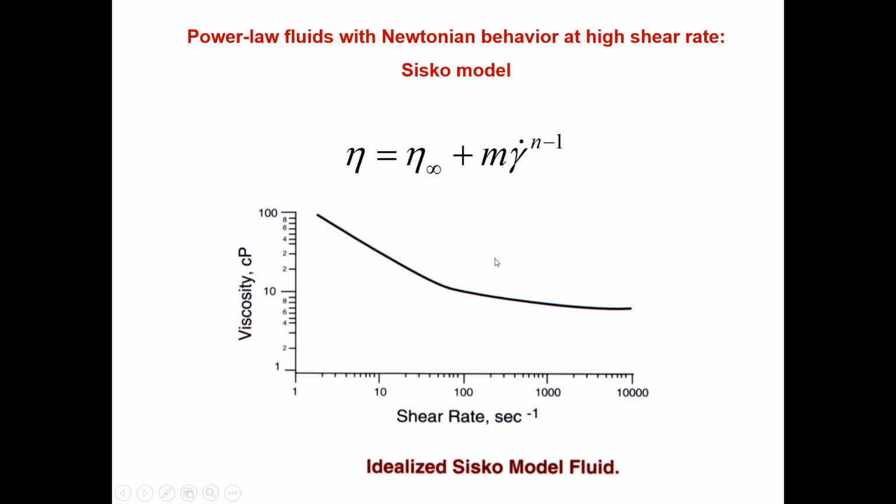And in between, I have a power law. Okay. So how many parameters am I fitting here? 3. M and eta 0. It's, again, all about having a functional relationship that you fit into.